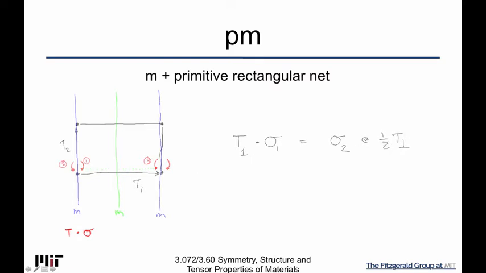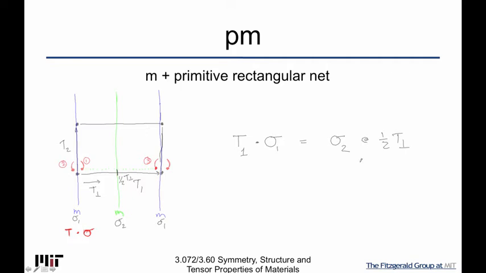So if we look at this right here, and this T1 direction is T perpendicular, because it's perpendicular to the mirror plane, right? Then at half, remember this is half, 1/2 T perpendicular, we end up with this new mirror plane. So we'd be calling this sigma 2 because sigma 1 is the original one that we put in there.